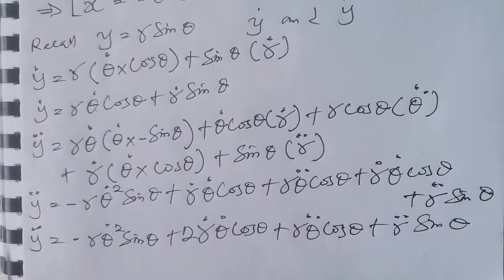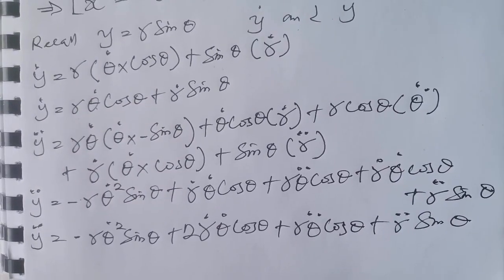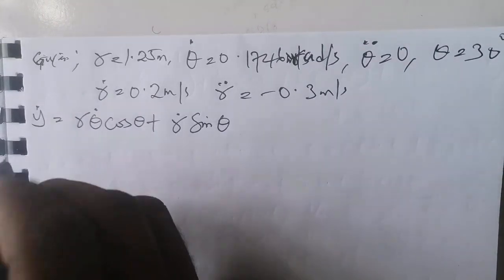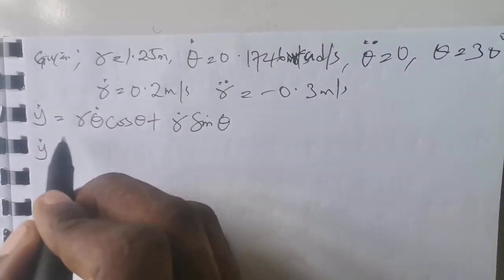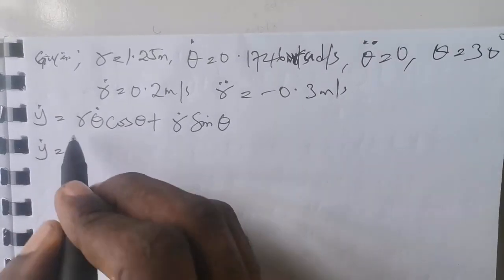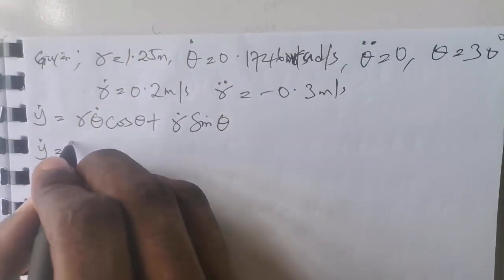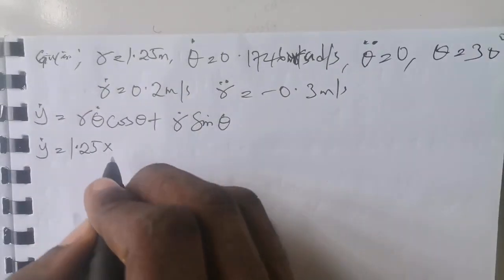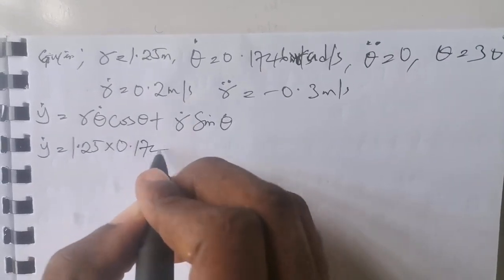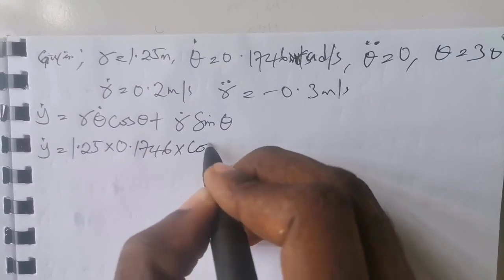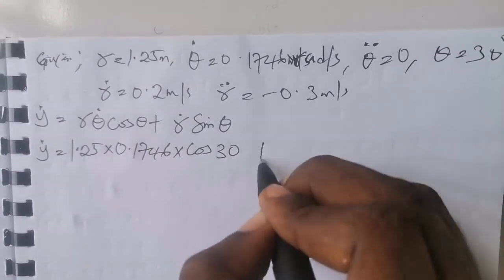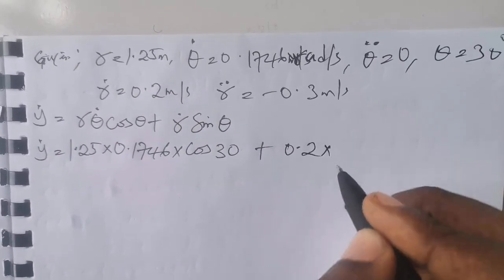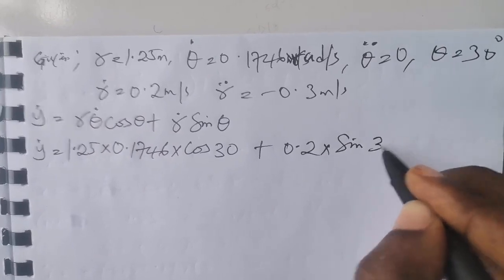So we go ahead now and plug in the values of r, as stated earlier, into y dot and into y double dot. Now y dot is equal to, we said, r theta dot cos theta, and r is equal to 1.25, so that gives us 1.25 multiplied by theta dot, which is 0.1746, multiplied by cos theta, and theta is 30 degrees, plus r dot, which is 0.2, so you have 0.2 multiplied by sine 30.